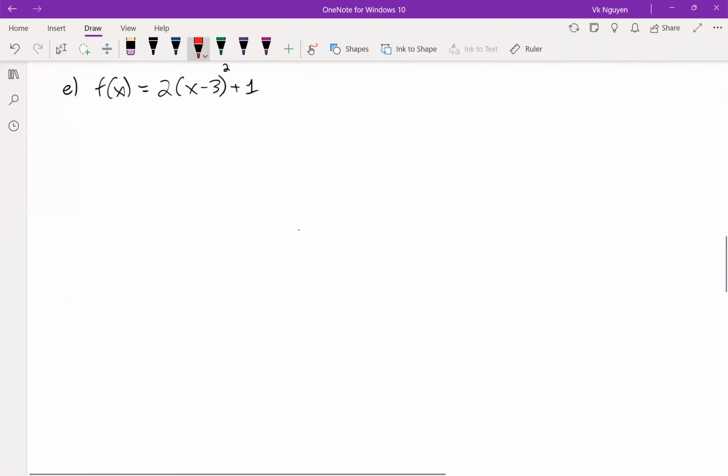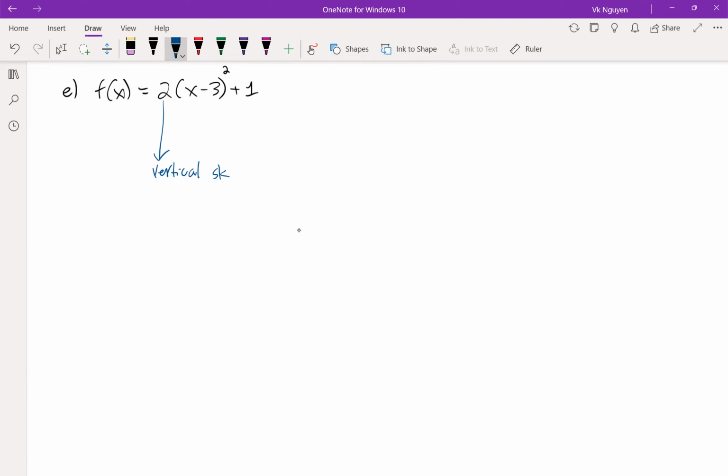Let's do an example here. f(x) is 2(x minus 3) squared plus 1. How do we sketch this? The number 2 tells us to do a vertical stretch.